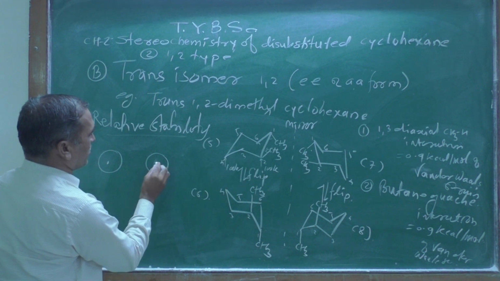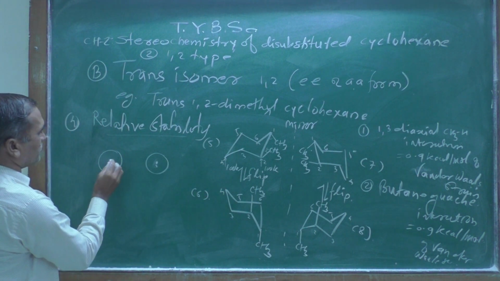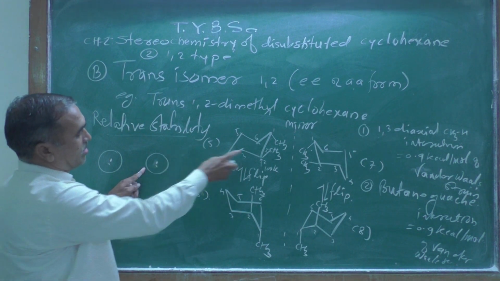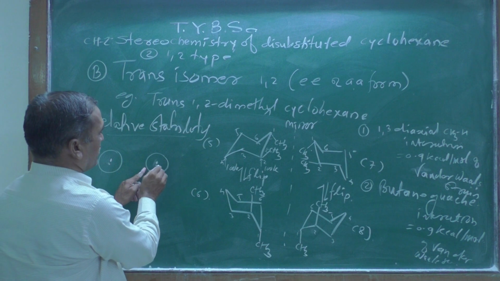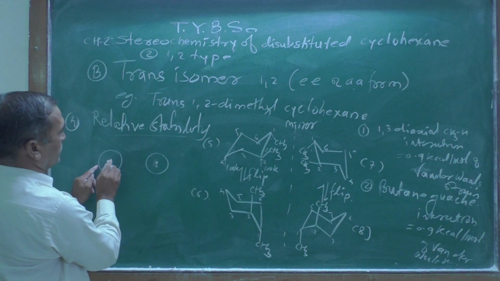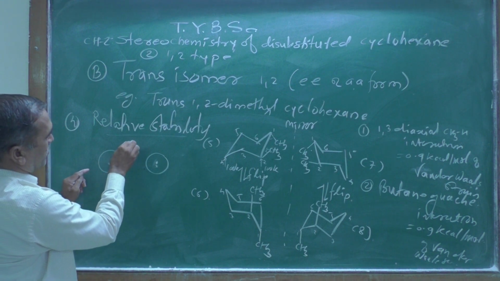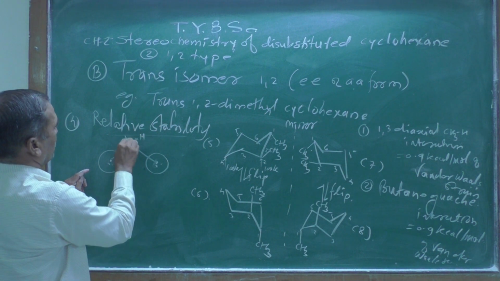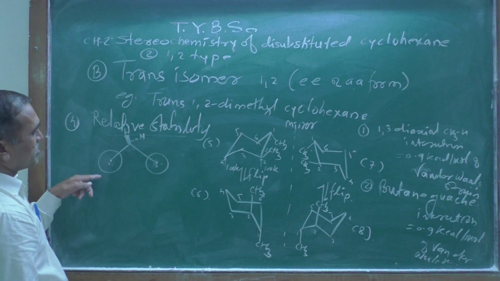This center is carbon number 2, and this circle is the rear carbon atom and this is the front carbon atom, with 2 and 4 joined with this one. There is this hydrogen atom. Here one hydrogen goes below the plane, one hydrogen comes above the plane.